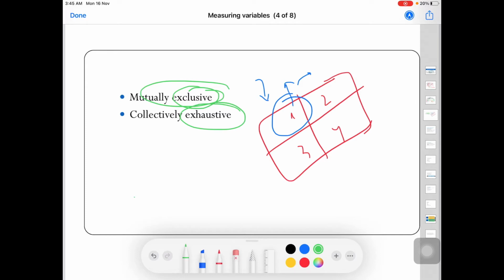The same person can't be in semester 1 and semester 4 at the same time. It is not possible because it is mutually exclusive. It can be either of them, maybe 1, maybe 2, maybe 3 or 4.